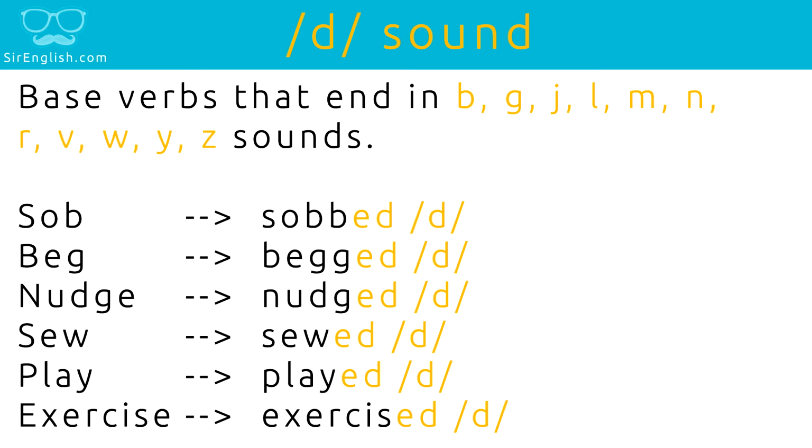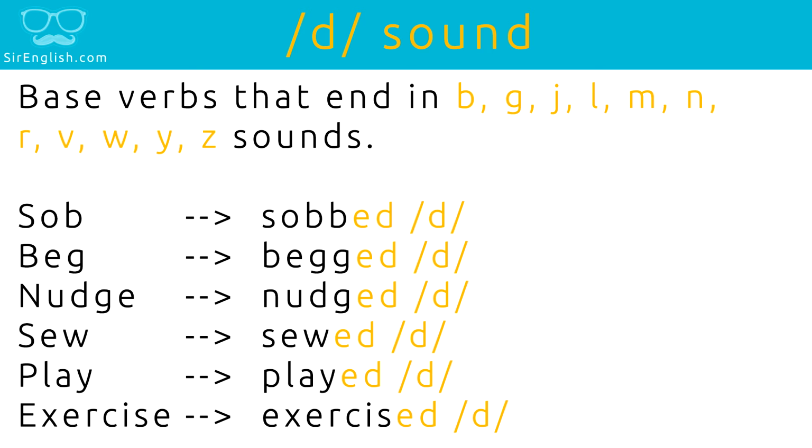Sow, sowed. Play, played. Now sow and play end in w and y. These are actually vowel sounds, which we'll go into a bit later. But with the spelling w and y, you should usually use the d sound when you add an ed ending.